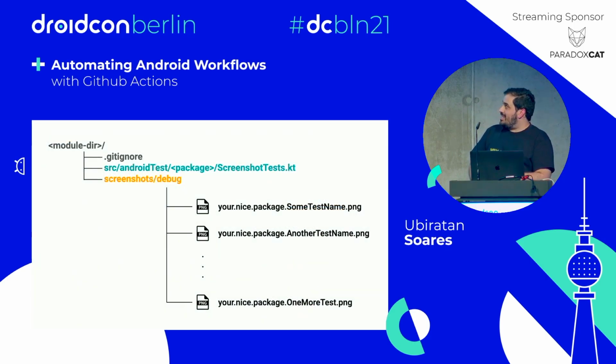The thing here is why it's kind of tricky to have different form factors for screenshot tests. For a given screenshot test file with some tests, the plugin will generate 1 screenshot per test name, and that image file will have a particular file name according to the conventions. The plugin expects to have those files inside the convention folder, screenshots/debug for your particular module.